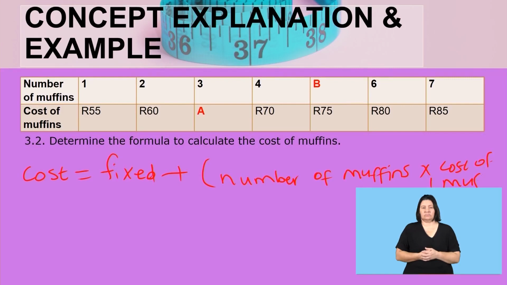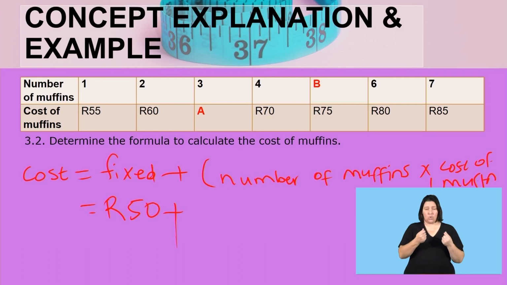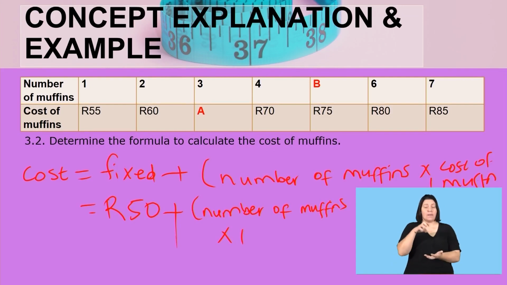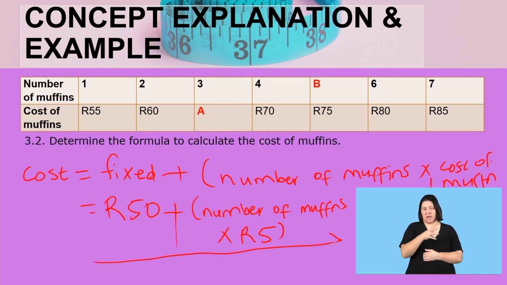So now we have the fixed cost, which we said is the cost for electricity. And we've already calculated that the cost of electricity is 50 rand. And then we add the number of muffins, and then we multiply this by the cost for 1 muffin. We said 1 muffin is 5 rand. So this is your formula to calculate the cost of muffins.